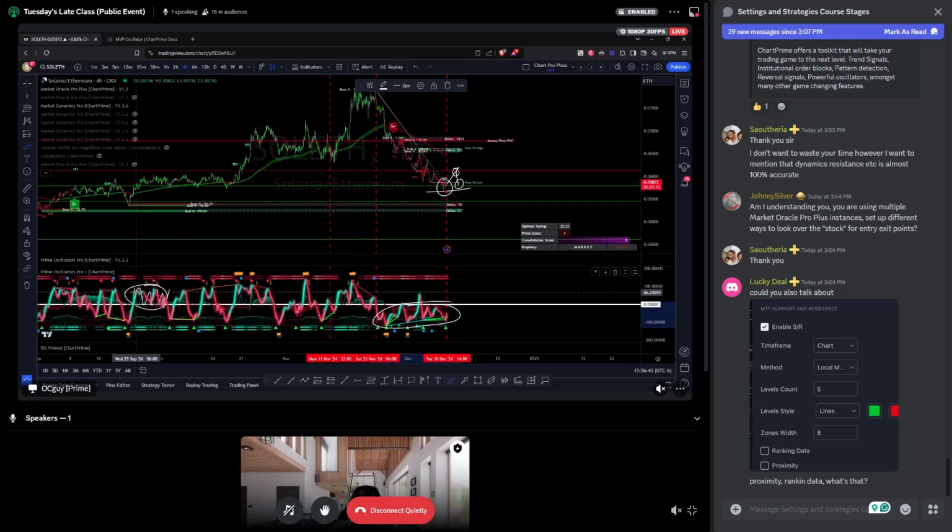What happened as we clustered above? Beautiful movement to the upside. Look at this one, it bunched up at the top. Beautiful movement to the upside. Now it clustered below, it bunched up below. What happened? Beautiful movement to the downside. That's why I always give a huge amount of importance to the ribbon breaking through that zero line.